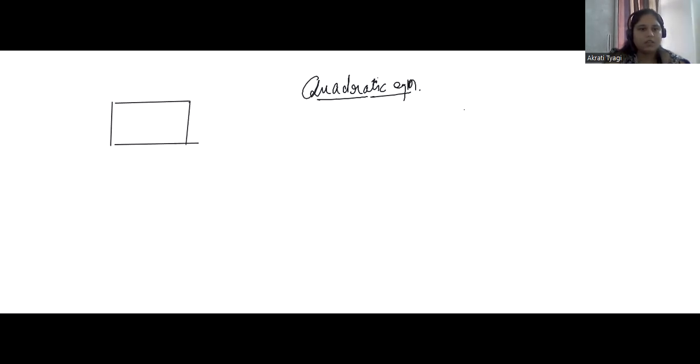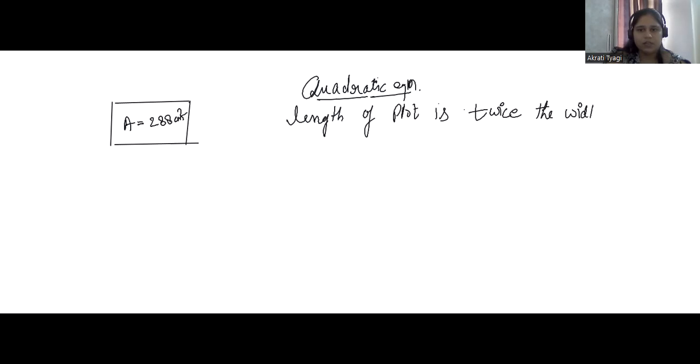The area of this rectangular plot is 288 centimeter square. I don't know what is the length and the width, but a condition is given here. The length of the plot is twice the width of the plot.